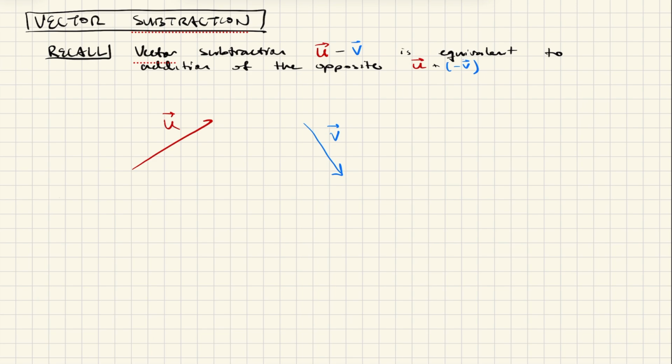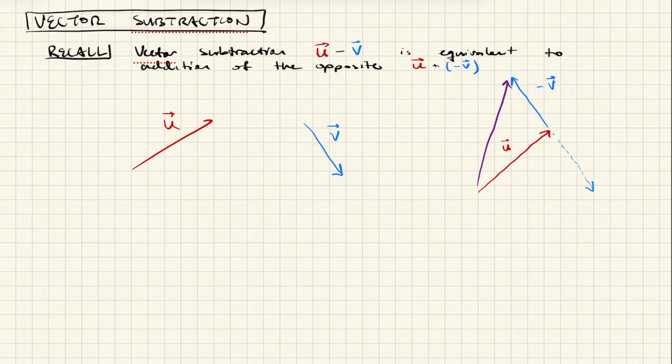Just so we can see this in action once again, if I want to do vector u minus vector v here, I can start by drawing vector u. And I need to write down the flipped version of vector v. So if this is vector u, and v points this way, then minus vector v must point this way. And so my resultant vector looks like that.